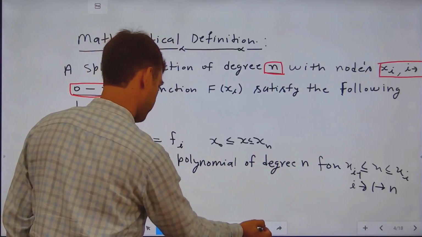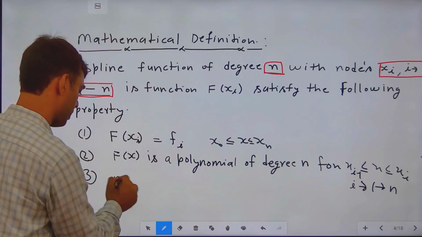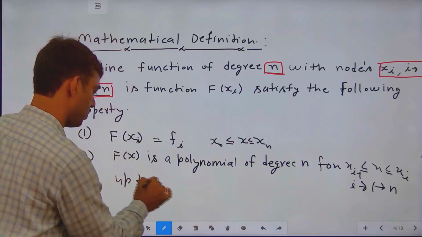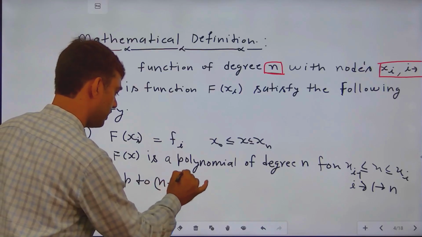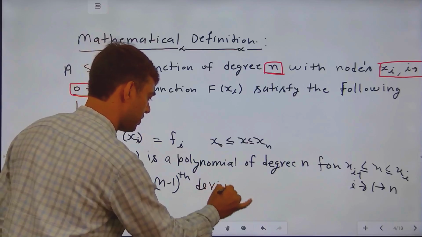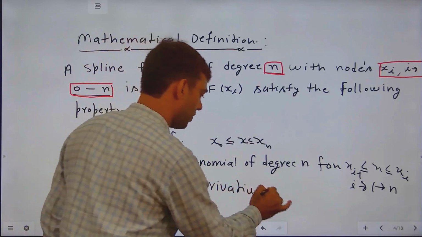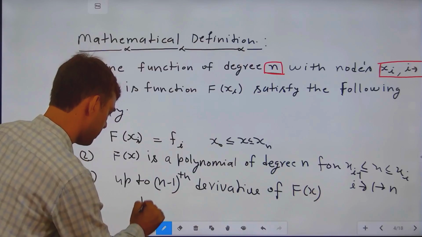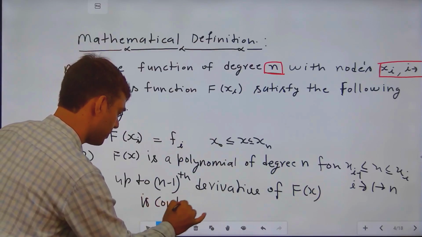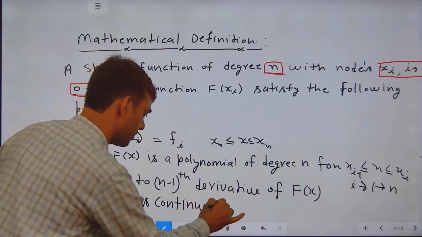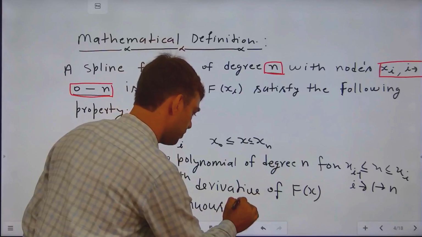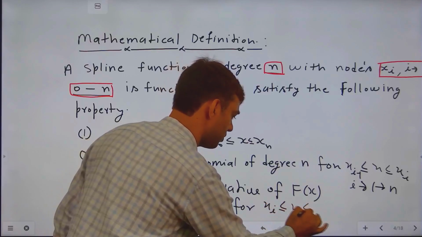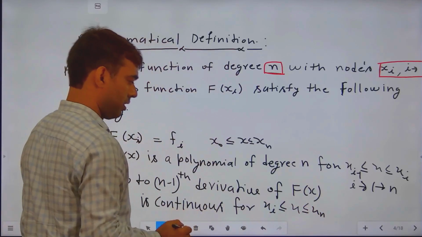Up to the (n minus 1)th derivative of f(x) is continuous, for x greater than xi to what?